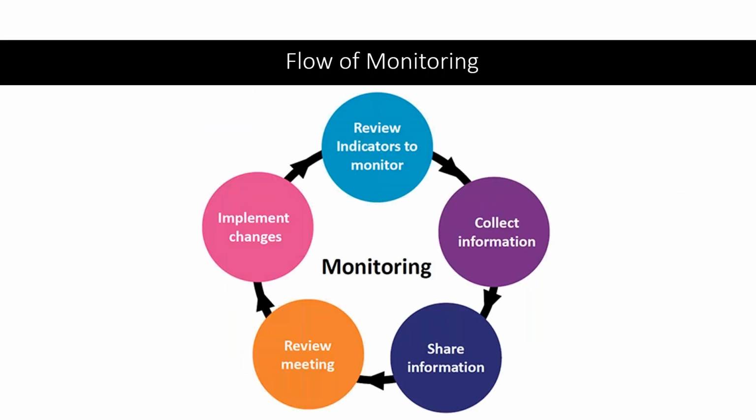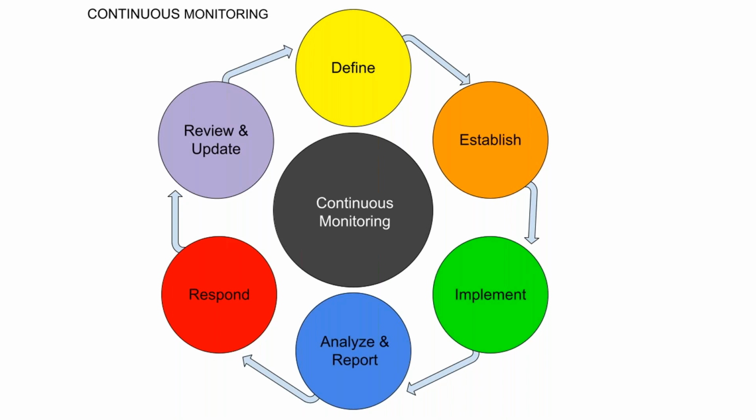Now if you want to set up monitoring, what is the flow for it? You have to collect the information, share the information, review in meetings, implement changes, and review indicators. Nowadays we also have a process called continuous monitoring, in which you define what you want to monitor continuously, establish, implement, analyze and report, respond, review and update.